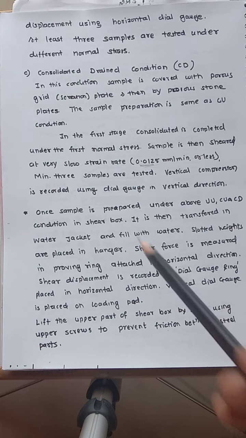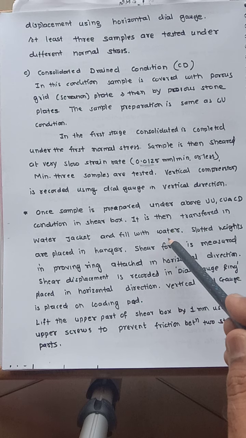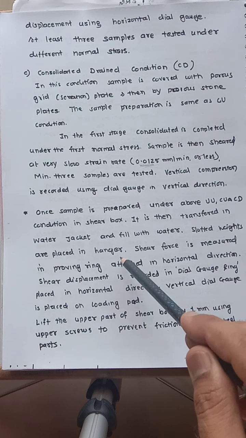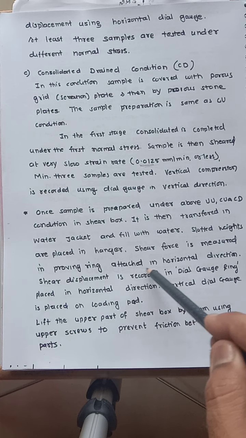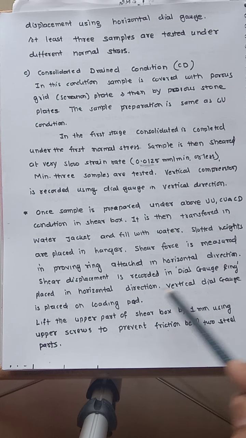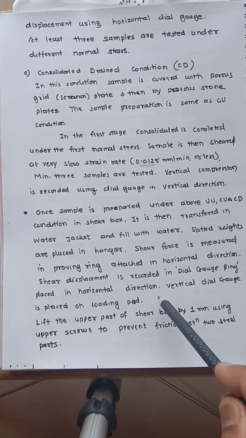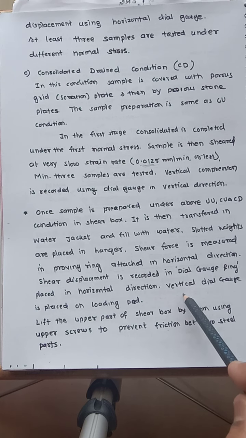Once the sample is prepared under any of these 3 conditions in the shear box, it is transferred to the water jacket, then slotted weights are placed on a hanger. Shear force is measured in the proving ring attached in the horizontal direction. Shear displacement is recorded in the dial gauge in the horizontal direction. The vertical dial gauge is placed on the loading plate. This gives the change in thickness or change in volume.